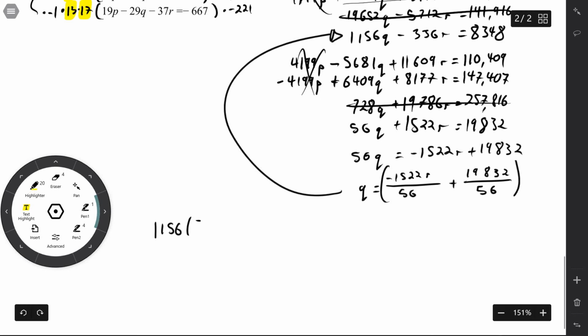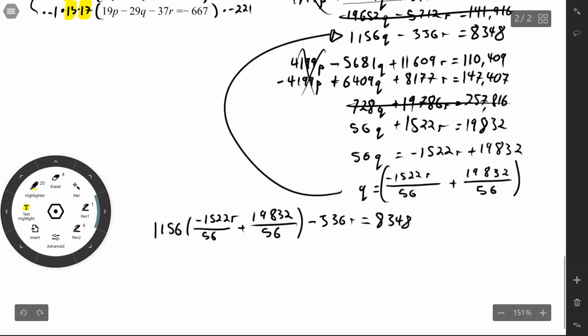We get that negative 1522 over 56 plus, oh, that's R, plus 19,832 over 56, and that's plus, or minus, I'm sorry, 336R, and that equals 8,348. Now we just need to distribute in.